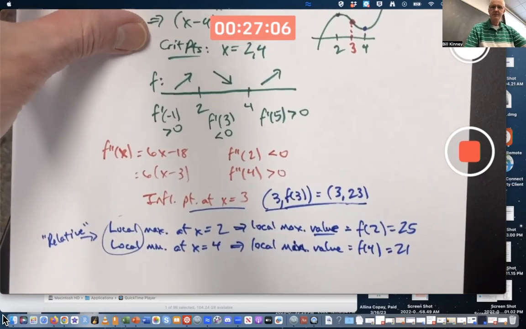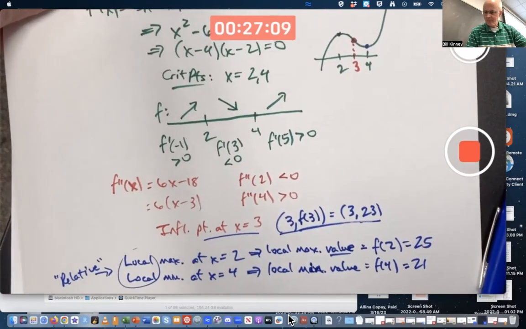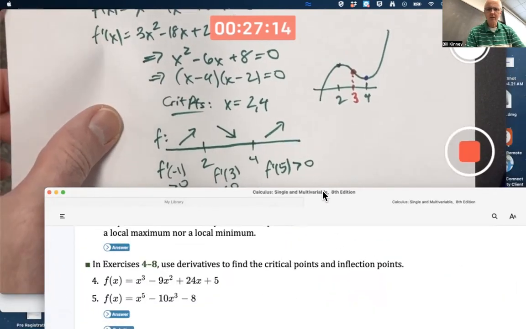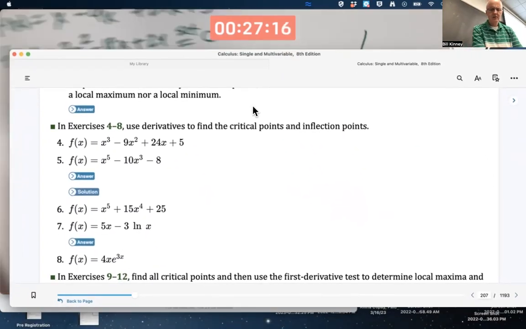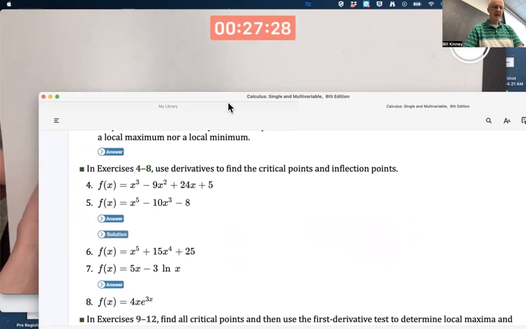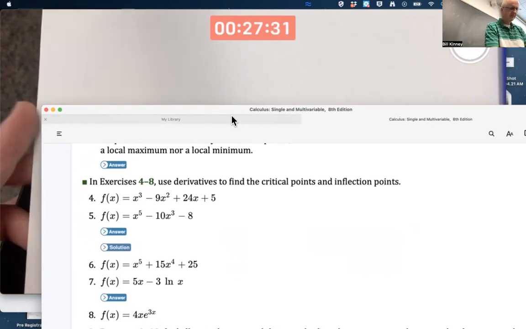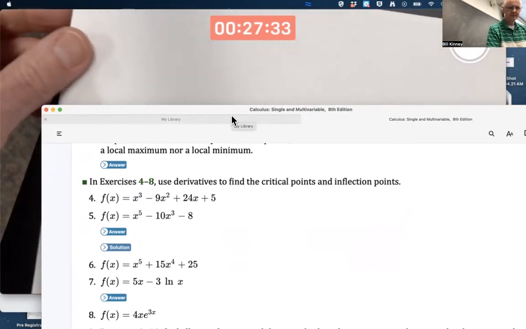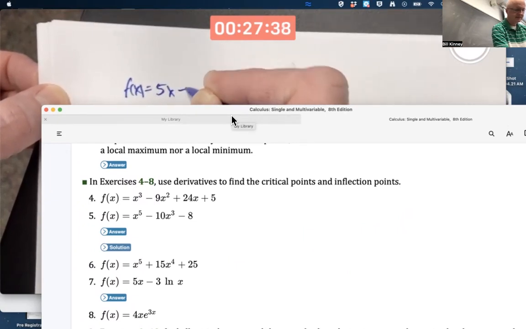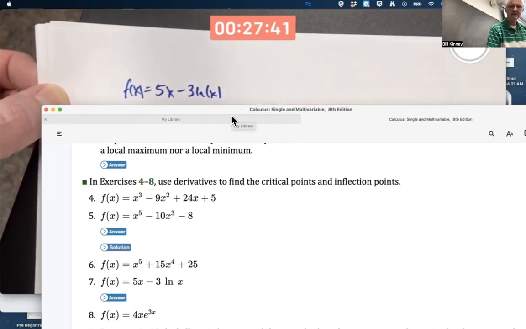All right, let's do another example. Oh, how about number 7? That doesn't look so easy. There's a natural log in there. f of x equals 5x minus 3 times natural log of x.